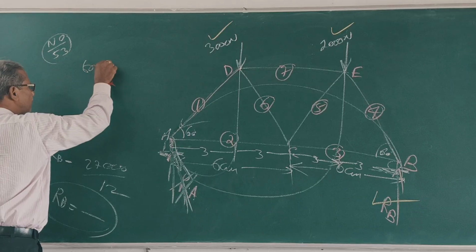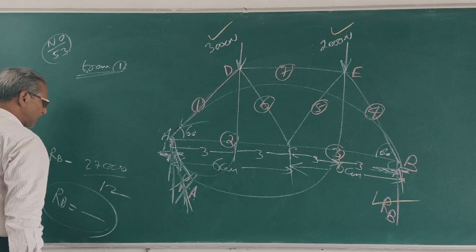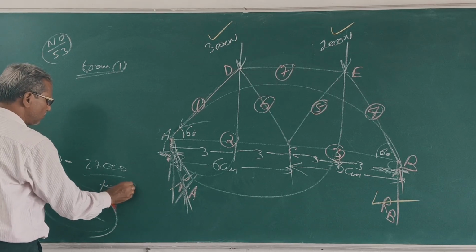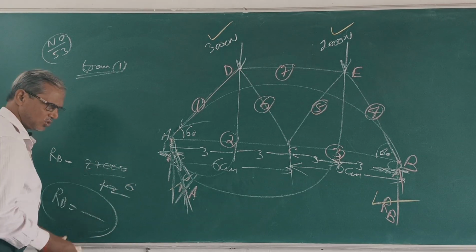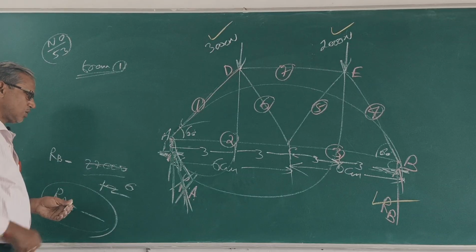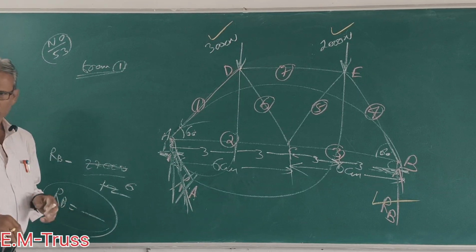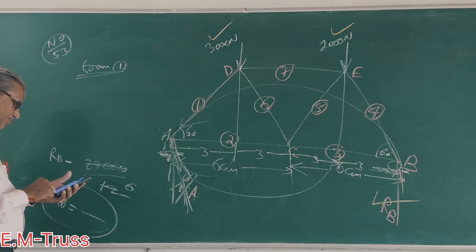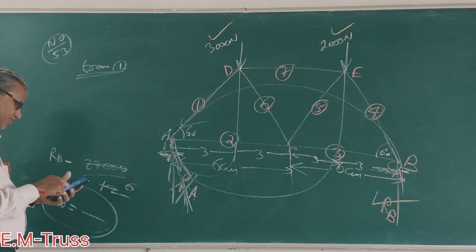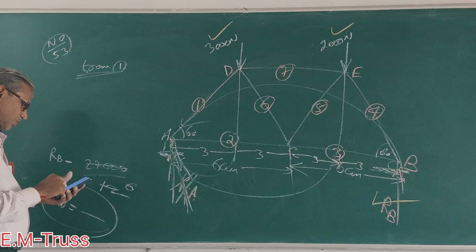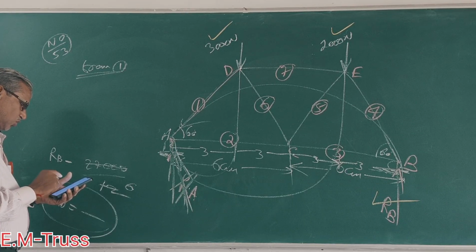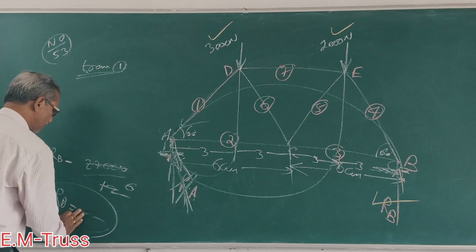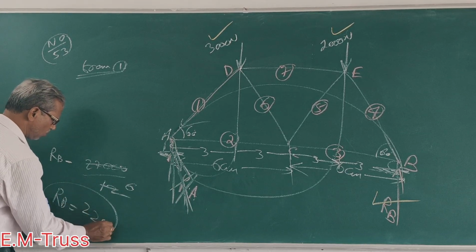From equation 1, RB is 27,000 by 12, clear? 2250 Newton.